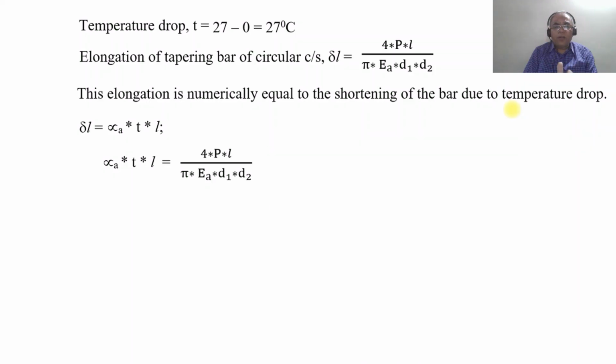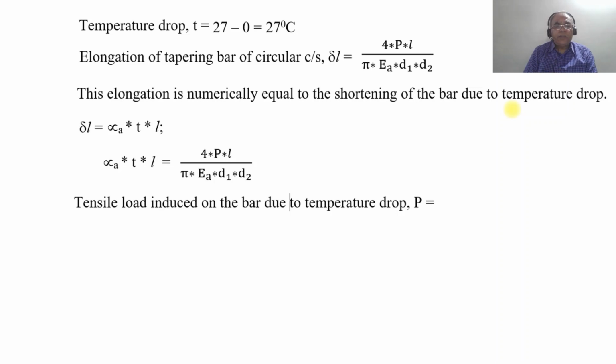What I want is P. So the tensile load induced on the bar due to temperature drop, P, will be equal to, once L gets cancelled, alpha A into T into pi into E A into D1 into D2 by 4.